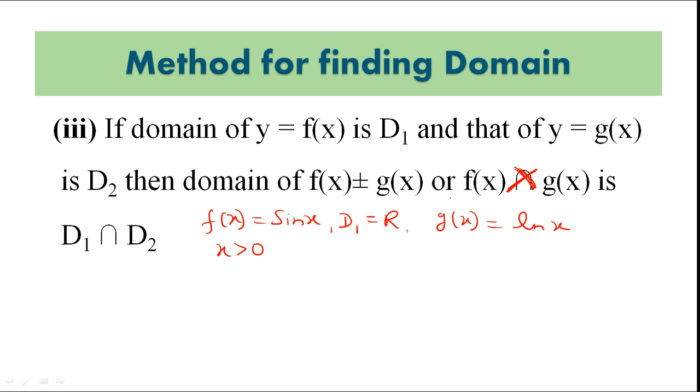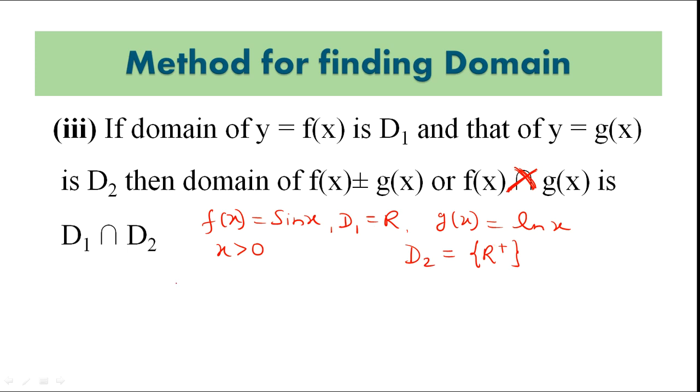So x should be greater than 0. It means the domain d2 is the set of positive real numbers, that is all the real numbers greater than 0, right.